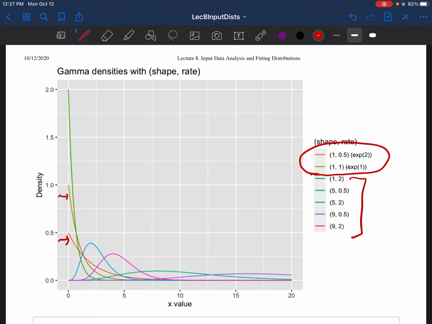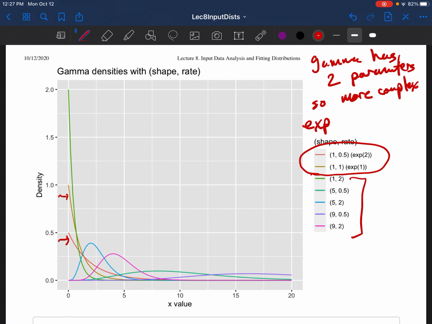I should note that the complexity of the gamma is higher because it has two parameters. That's what we mean when we say it's more complex than the exponential with one parameter.